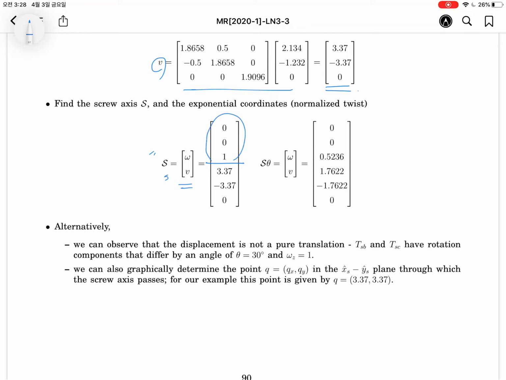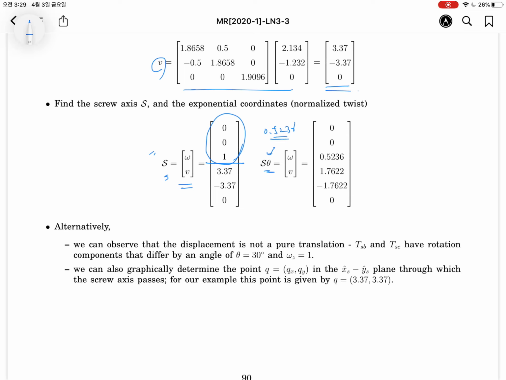It must be a screw axis because omega is of unit magnitude. By multiplying the distance traveled along the screw axis, this is 30 degrees, it means 0.5236.